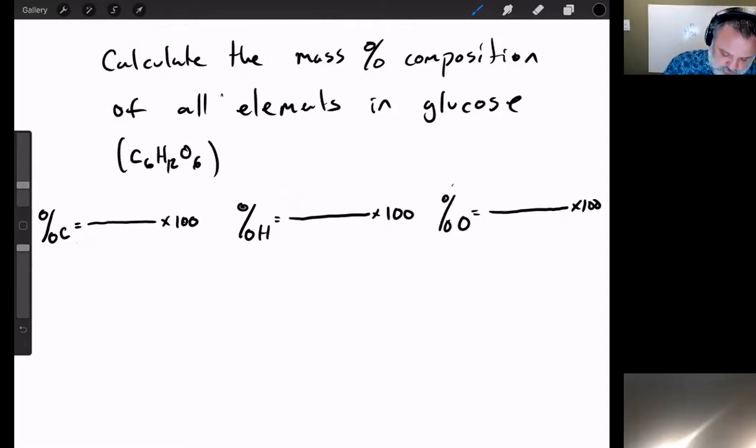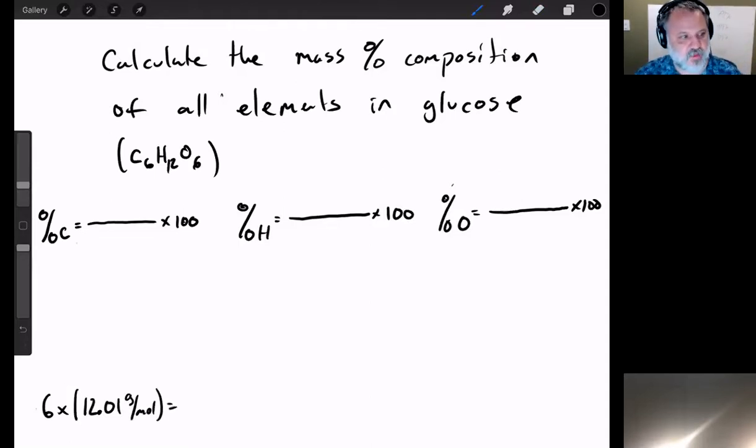Well, there are 6 carbons, and the molar mass of carbon is 12.01 grams per mole from our periodic table. So what do we get for that? 12.01 times 6. That's 72.06 grams per mole.